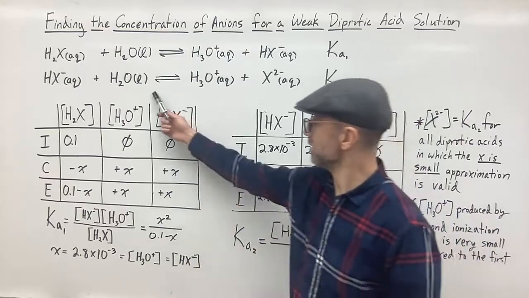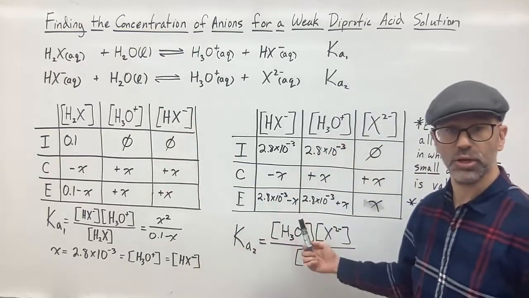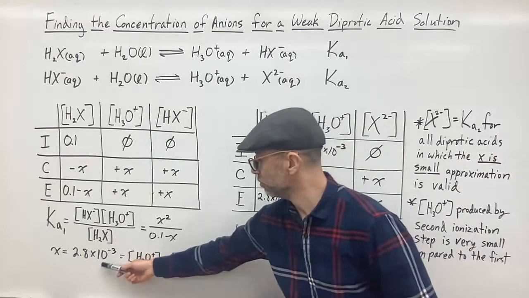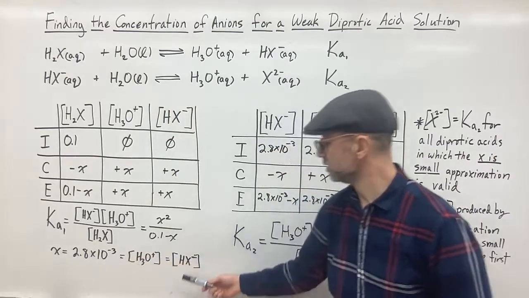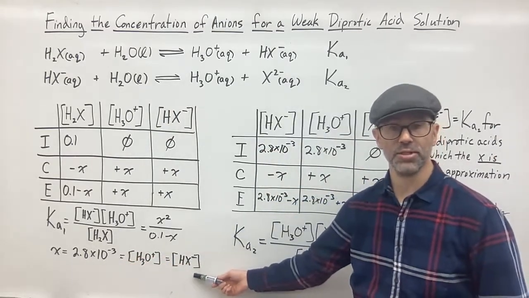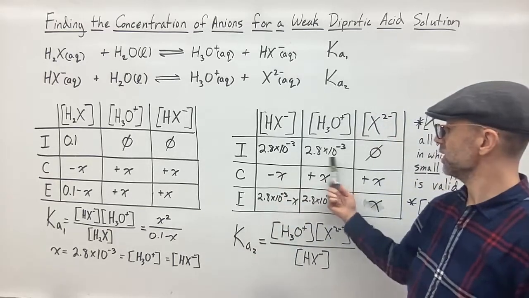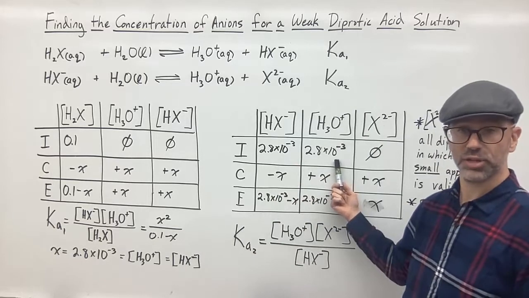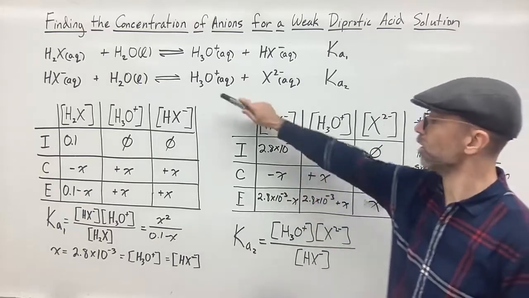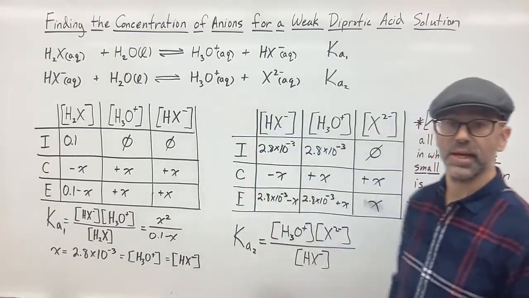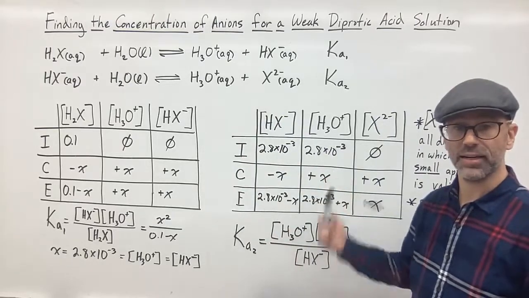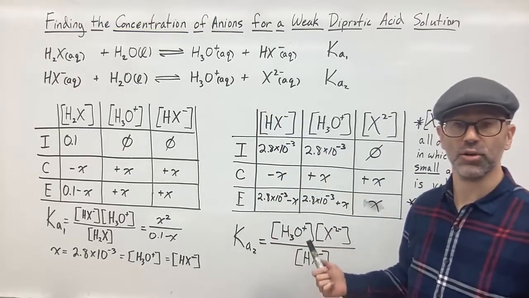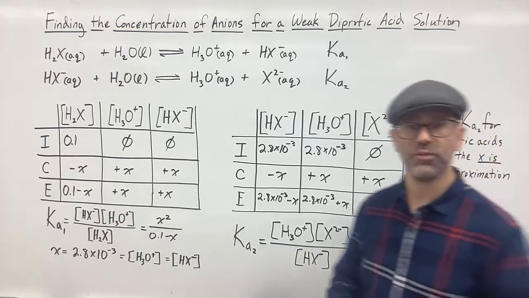Then for the second step, you do another ICE table in which you take the values of the H plus and your anion from the first step and put those equilibrium concentrations as initial concentrations in your second table. Then you just do the ICE table again and solve for X the same way you normally would.